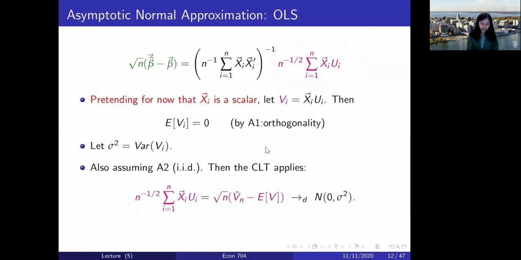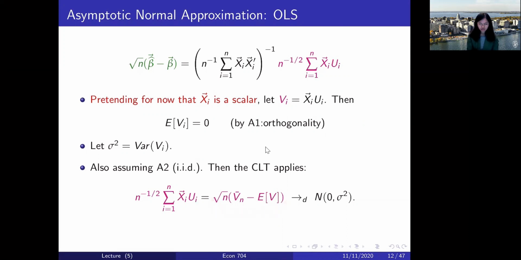So this purple term equals square root n times the sample average of V minus the population expectation of V. That is exactly something that we can apply the central limit theorem on, the one that we already discussed in week 7.